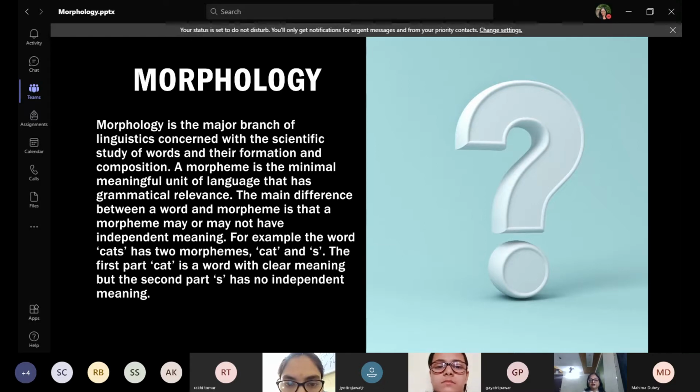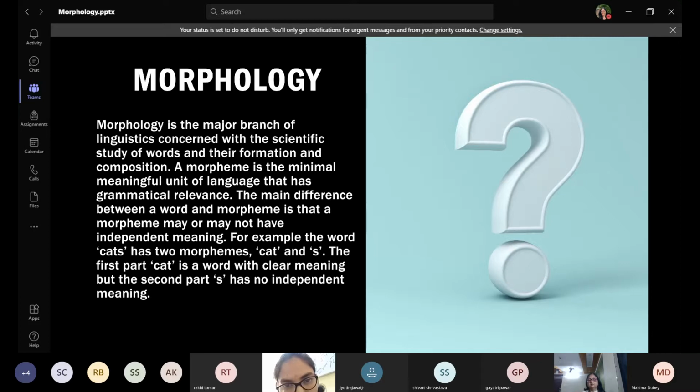Child, childish. The word child has one morpheme. Childish is one word, but it has two morphemes, child and ish. Child has independent meaning, but ish does not have independent meaning. Right?